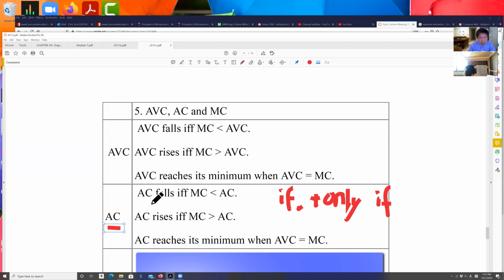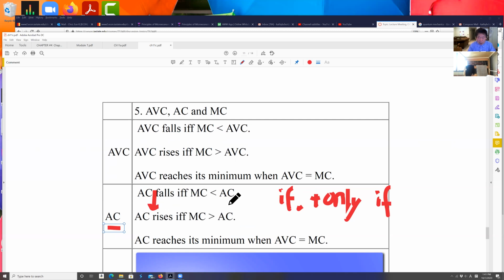So when average cost is falling because of the last output, if marginal cost is less than average cost, obviously average cost would decline. Okay? If marginal cost is higher than average, then average cost is rising.